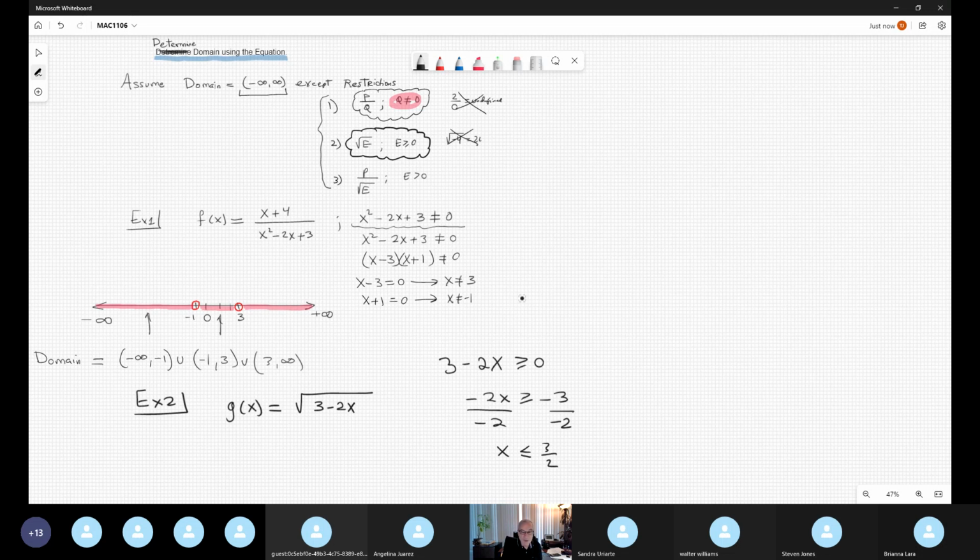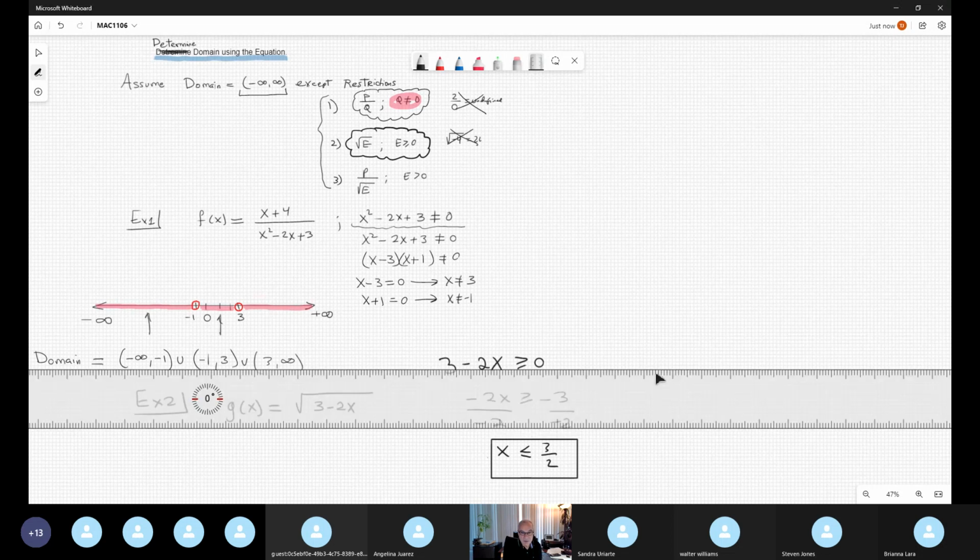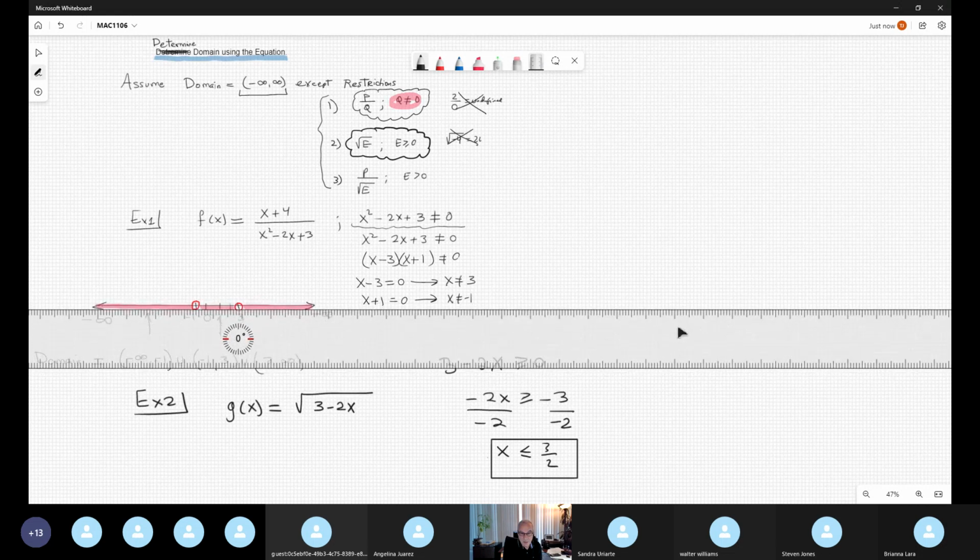Okay, let me try to do my best here. I understand this in interval notation: parenthesis, bracket, separated by a comma. Let's do the sketch. This is my number line in the second example.